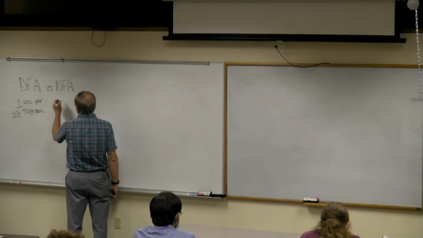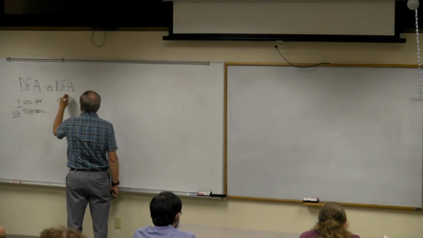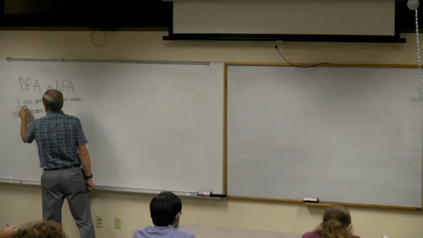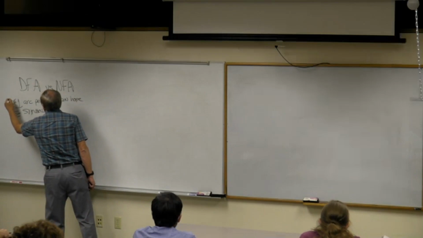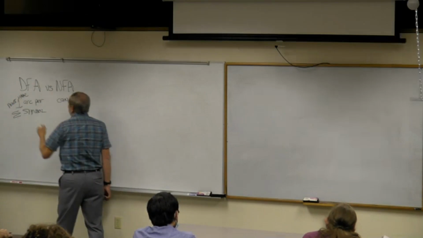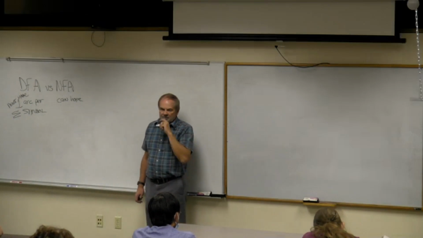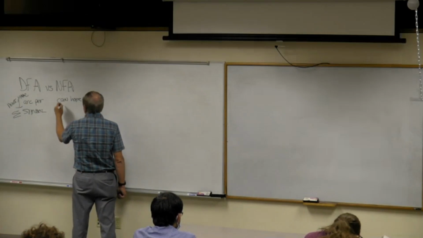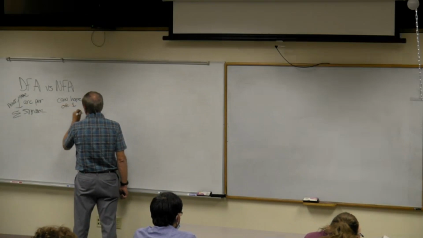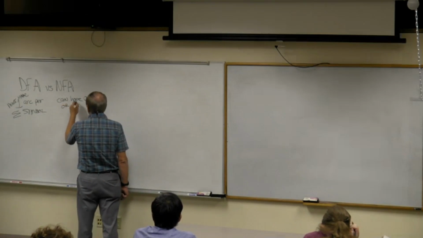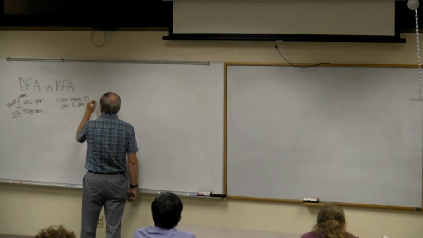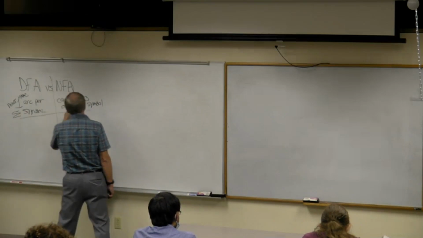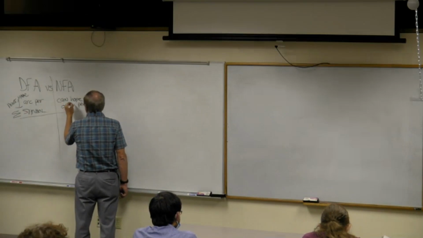Our DFA must have one arc per symbol. You can't skip, and you can't have more than one. So it has to be exactly one. Whereas an NFA can have 0 or more per symbol.